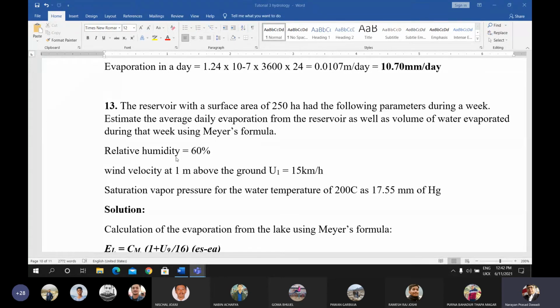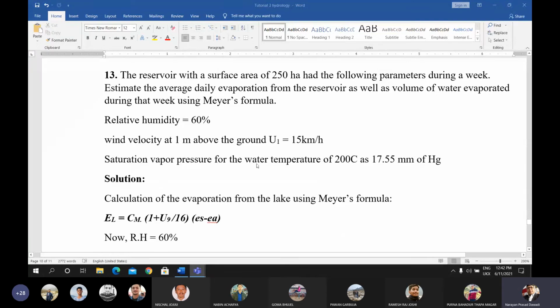Now, relative humidity is given as 60%. Wind velocity 1 meter above the ground surface is given as 15 km per hour. Saturation vapor pressure for the water temperature 20 degrees Celsius is given as 17.55 mm of Hg.